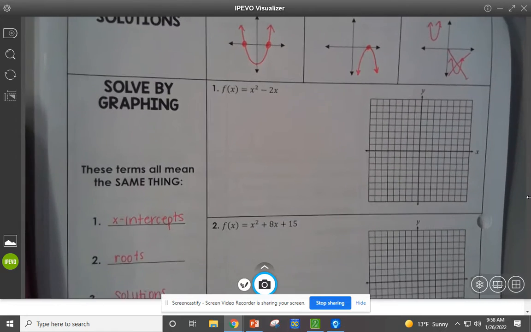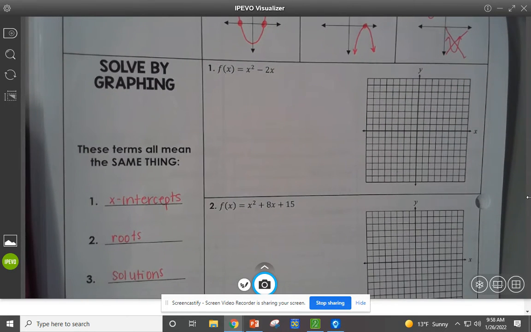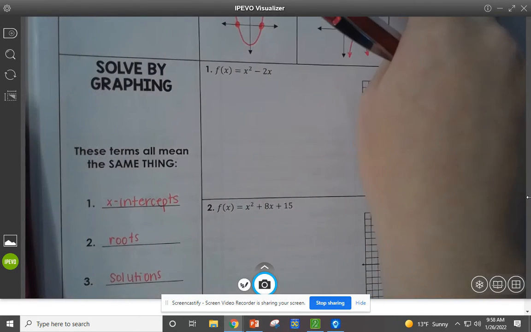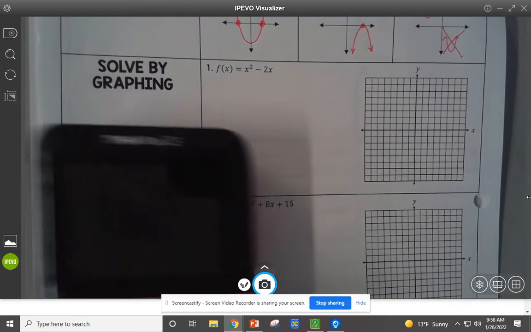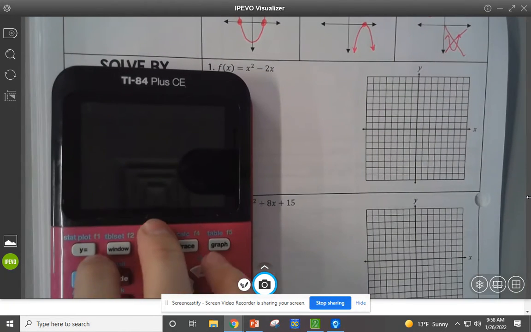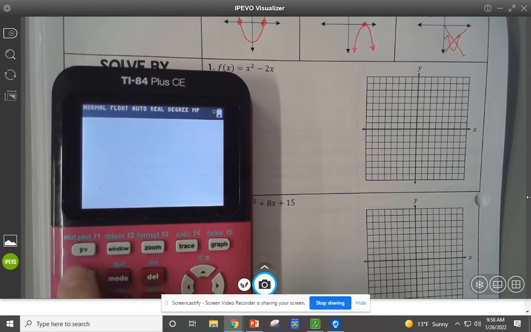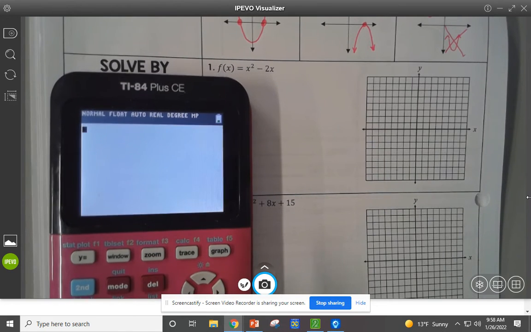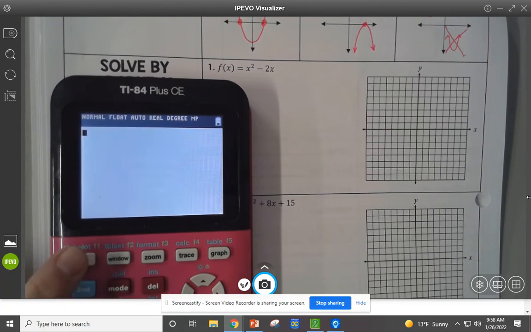We have 3 equations that we are going to graph, and we're going to use our calculator to graph those. So if you don't have your calculator, you need to go get it. In order to graph, you're going to go to your y equals. So hit that button here, top left.